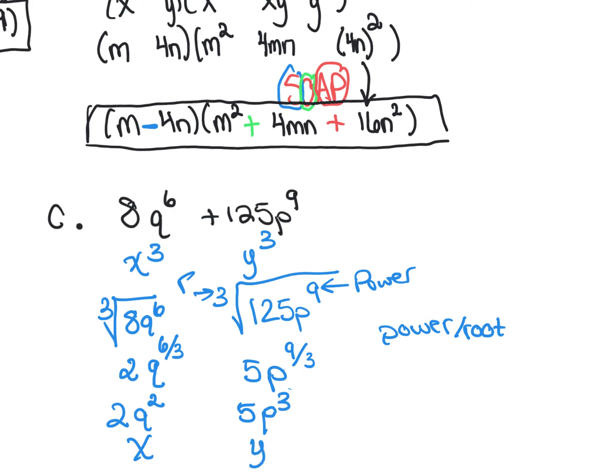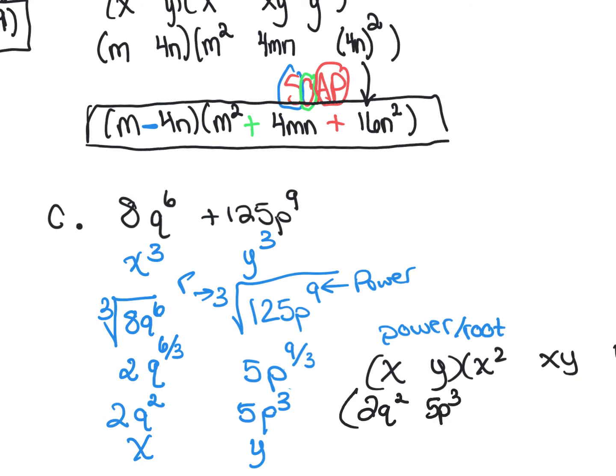So now that I have my x and my y, I can do my x with y. X squared, xy, y squared. It's going to be 2q squared, 5p cubed. Be careful, you have to square the whole thing.